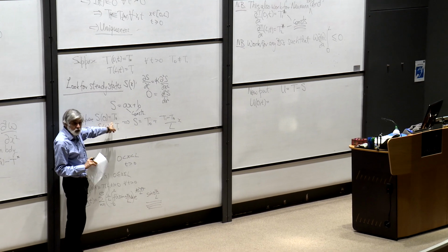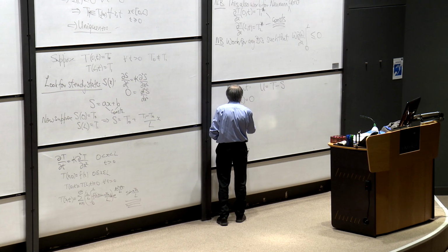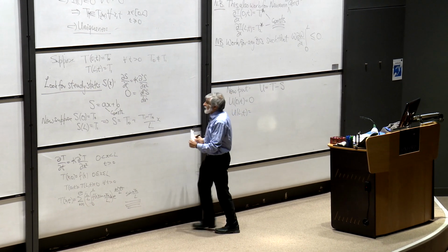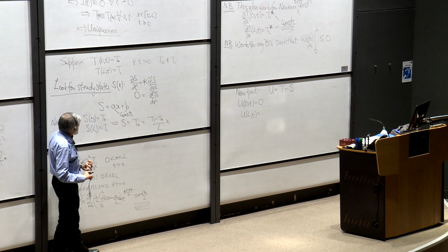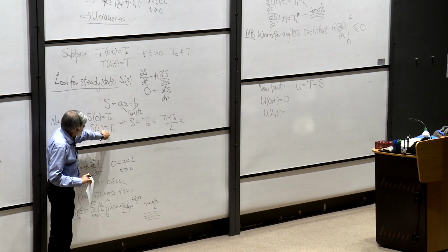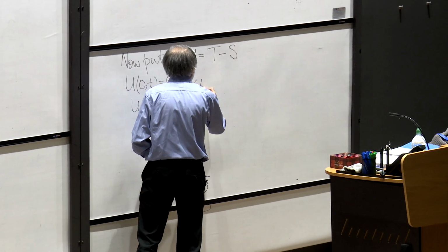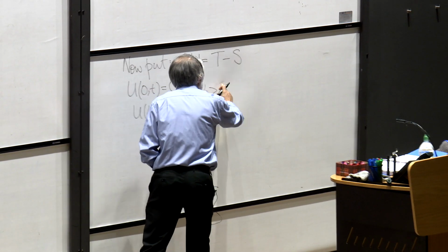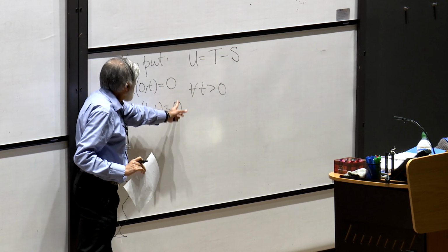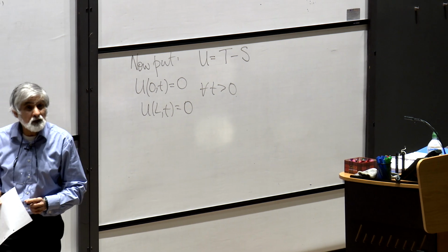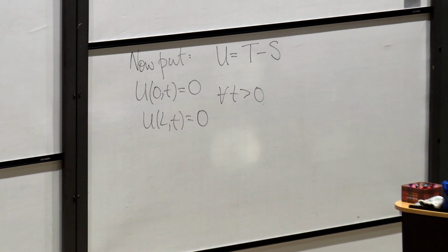S at x equals 0 is T naught, so that's 0. What about U at L, t? It's T at L, which is T1, minus S at L, which is T1, so that's 0. So once again, we've managed to get zeros for the boundary condition. We've managed to reduce the problem to a homogeneous Dirichlet problem.